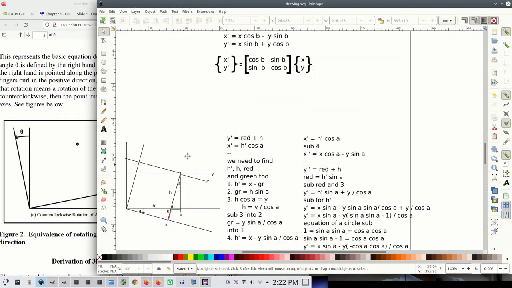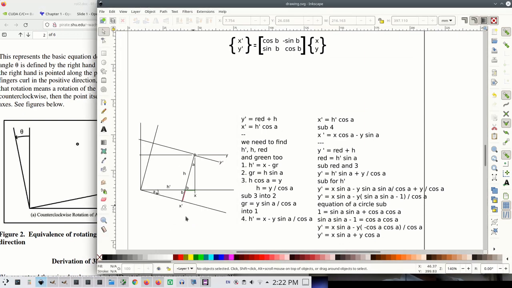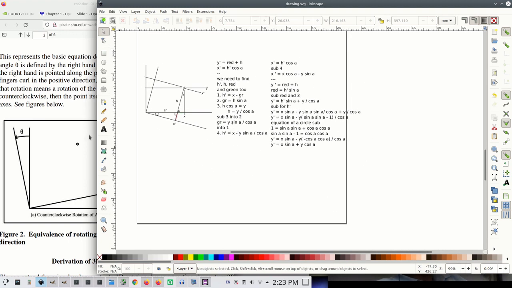So instead of drawing it as they did, I made it a little different. Instead of rotating the plane in the counterclockwise direction, we rotate it in the clockwise direction. When you draw it out, there's one more line we added, so I'll just draw it out again so you can see how it's done.